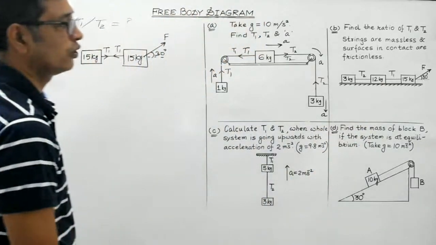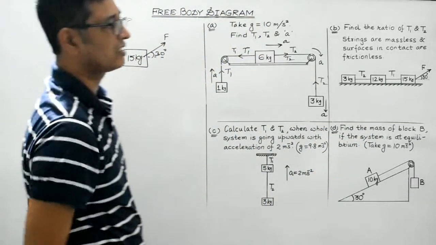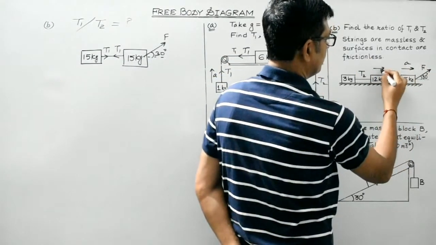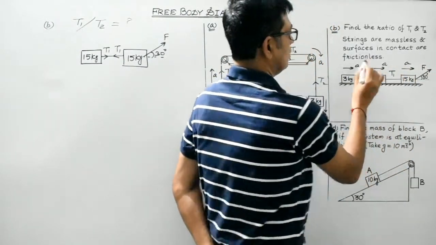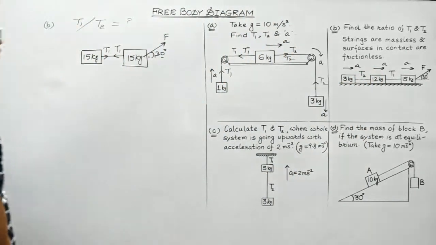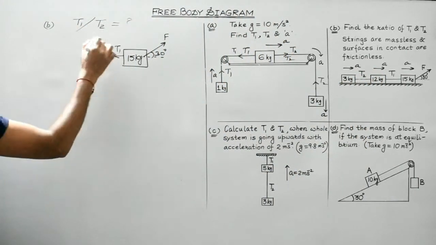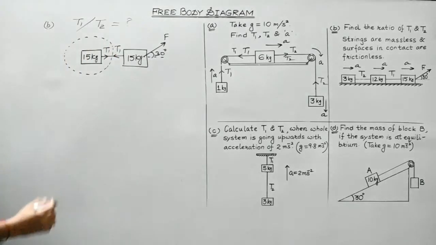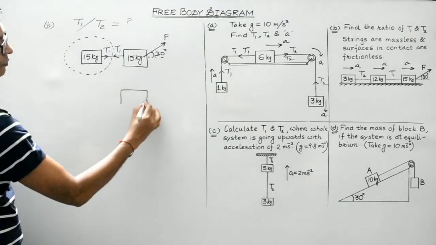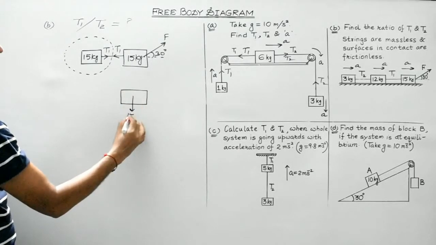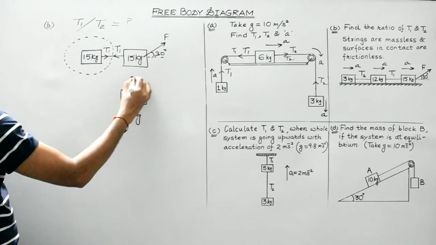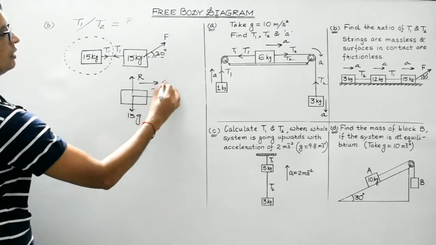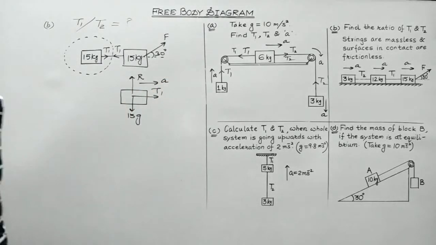Right? So since the strings are inextensible, the acceleration of all the bodies must be the same, isn't it? So if you draw the equation for this particular body, or free body diagram, what you get is: this is 15g, this is the normal reaction, this is T1, and this is the acceleration, right?